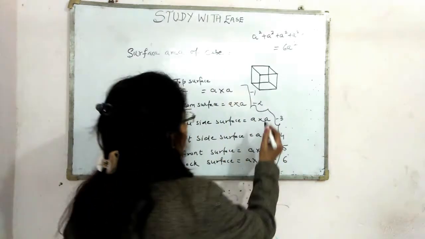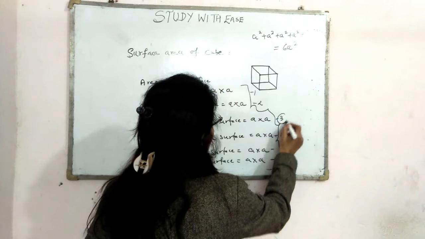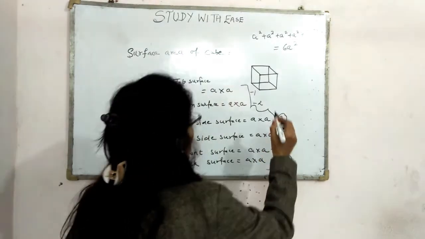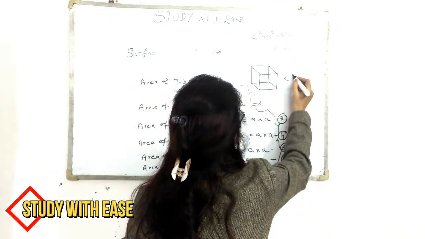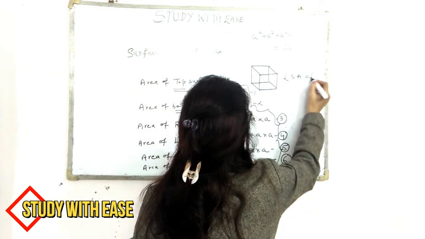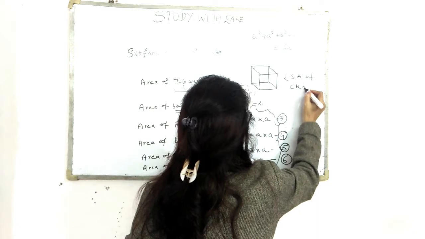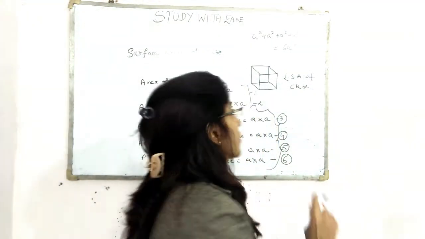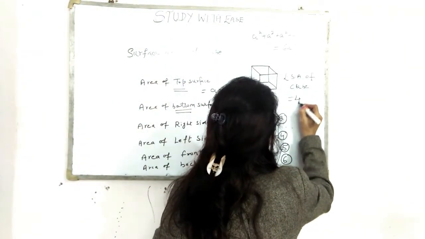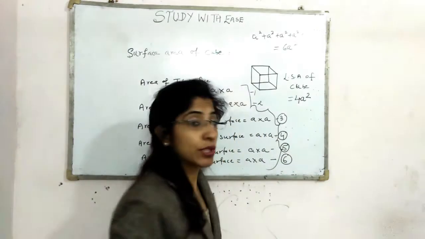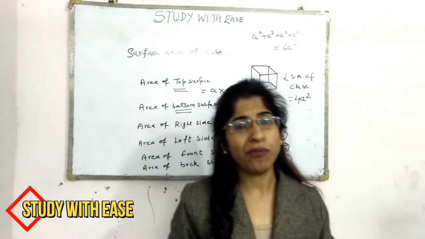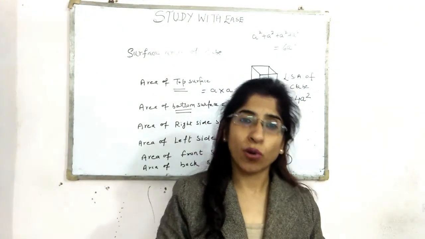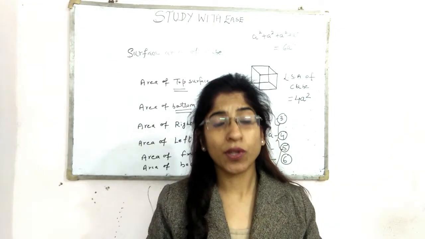So if we join third, fourth, fifth and sixth, we will get lateral surface area of cube, or you can say curved surface area of cube. So your answer will be 4a square. So in this way, we can find the curved surface area of cube and total surface area of cube.